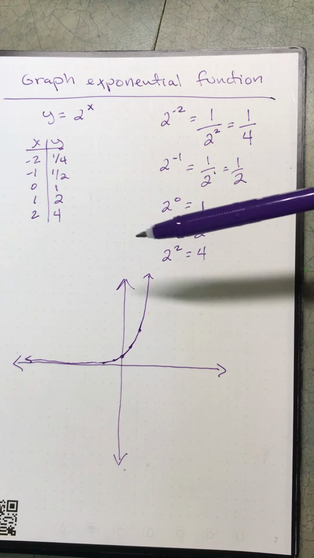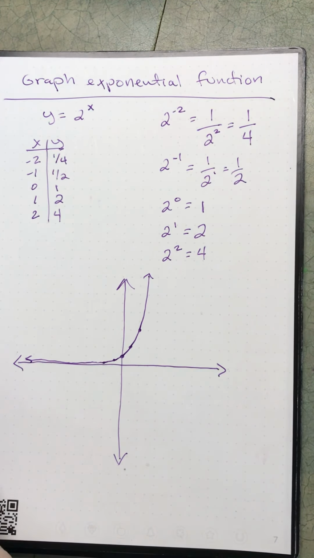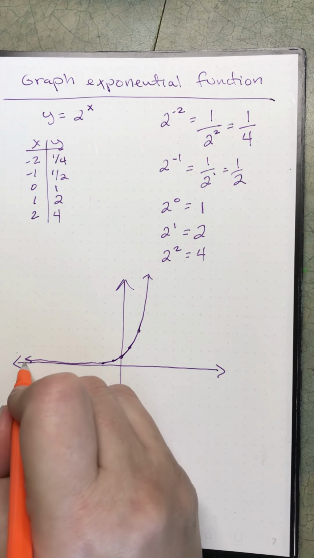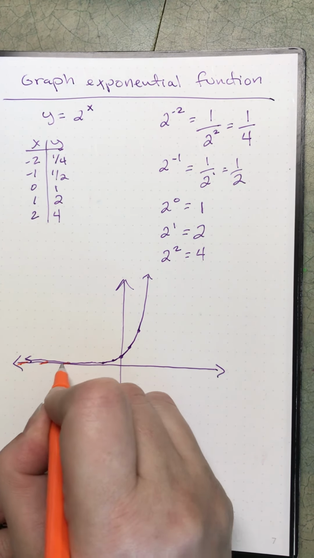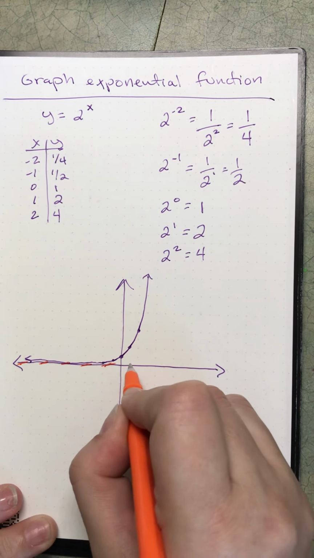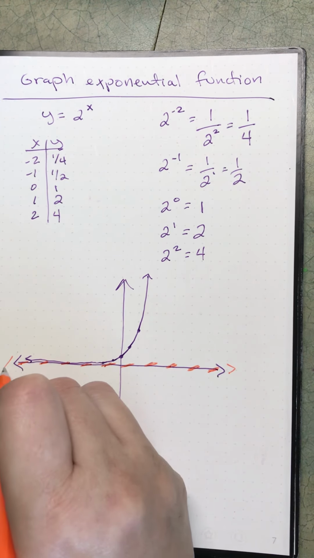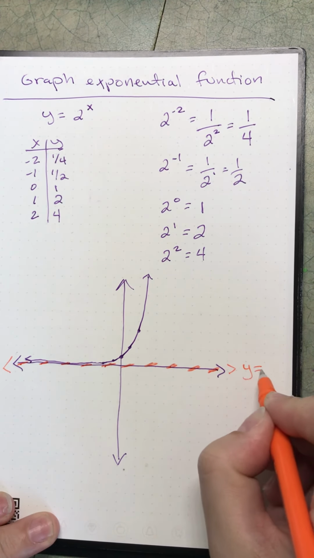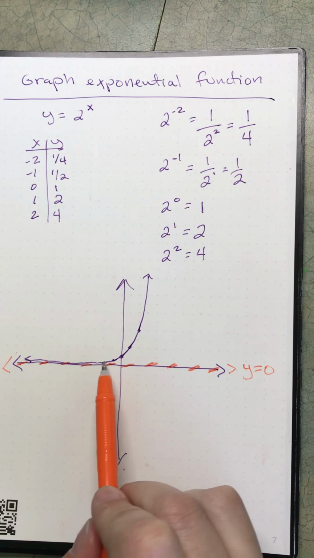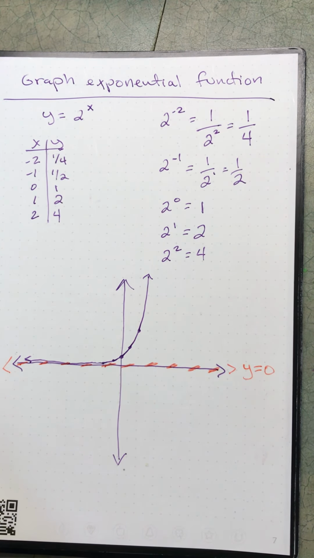It's not possible. So we have what's called an asymptote, where our graph is going to get closer and closer to y equals 0, but it's never going to touch it or cross it. It's just going to get closer and closer.